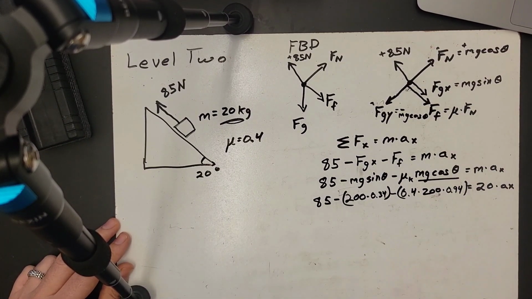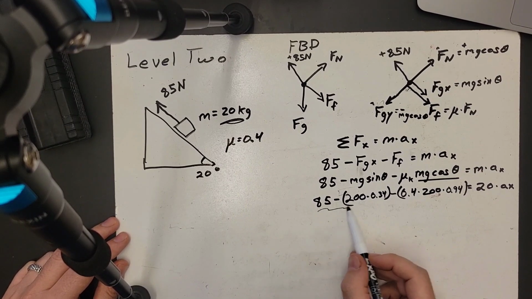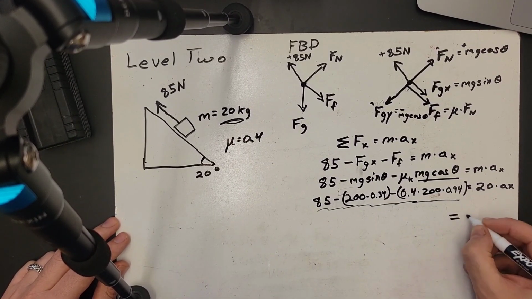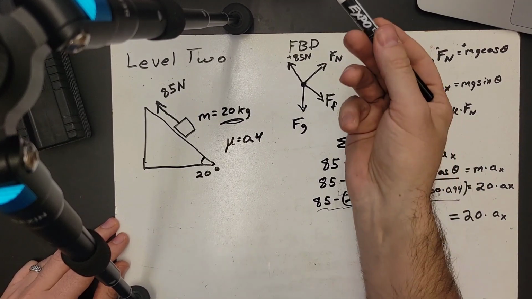And I'm just rounding to 2 decimal places for laziness sake. You got to round somewhere. All right, at this point, look at this. Literally all of this is just numbers. So it's going to be some sort of number is going to equal 20 times my acceleration in the x direction as it goes up the ramp.